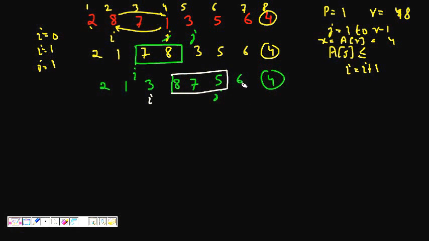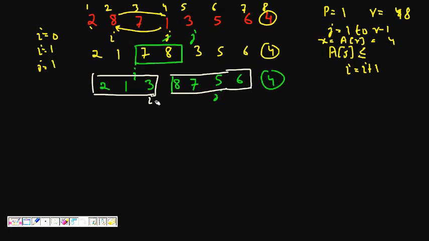Again when we check j, for j equal to 7, a of j which is 6 is greater than the pivot element, so this window becomes still larger, and it now has 8 7 5 6 in it. So we have this window of larger elements, and here we have a part of smaller elements. And finally the for loop ends.